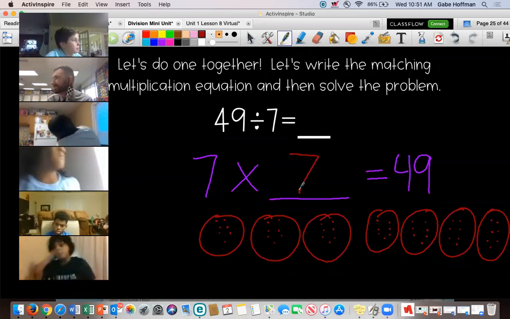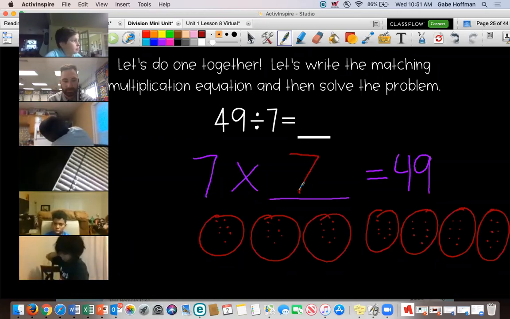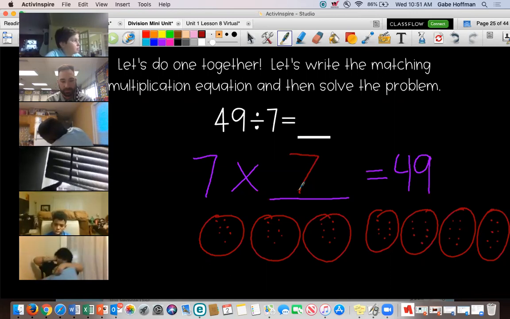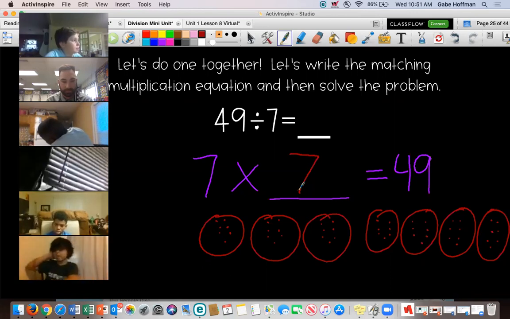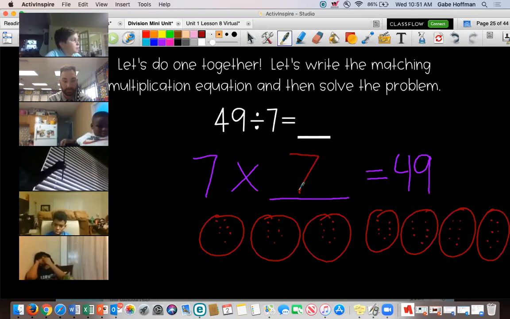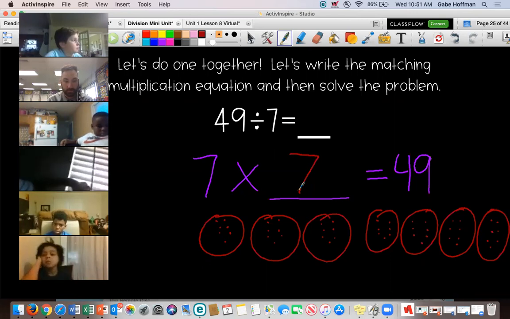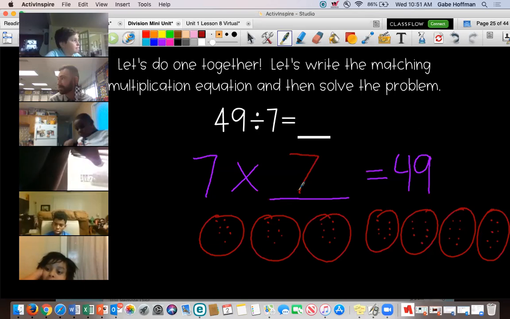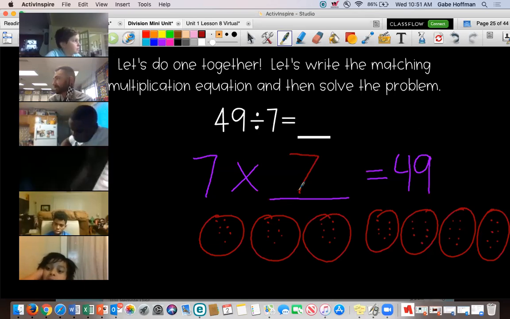The one with the star would always be your, it would be your quotient, right? In a division, or no, it would always be your big number, right?